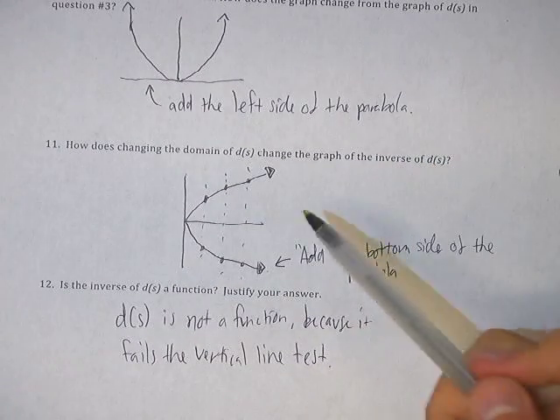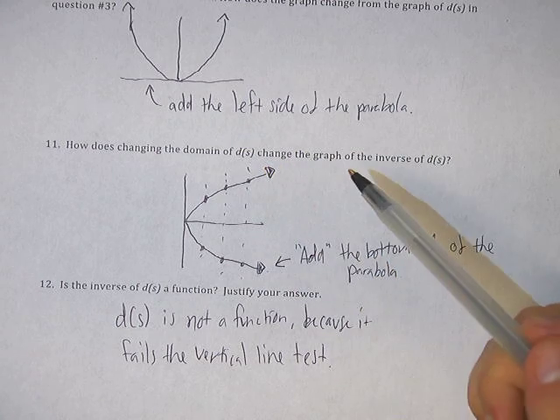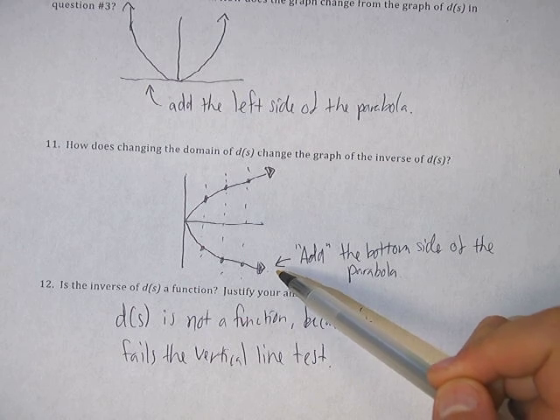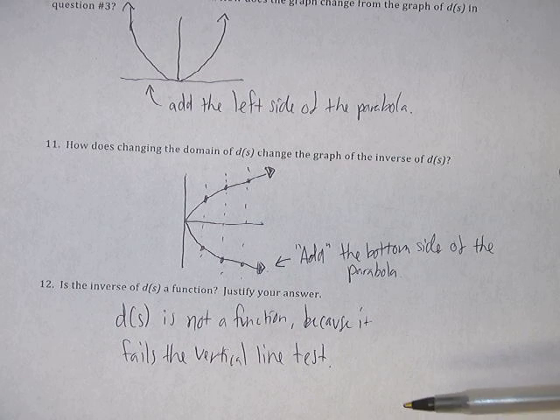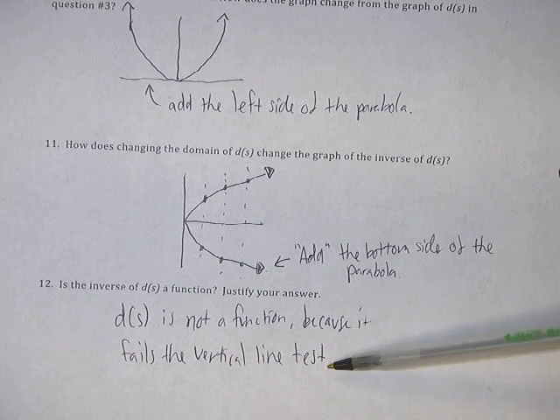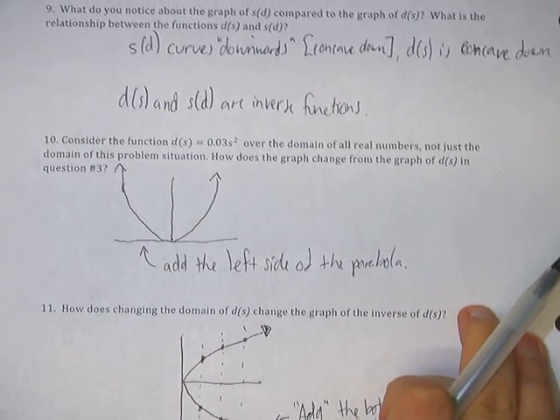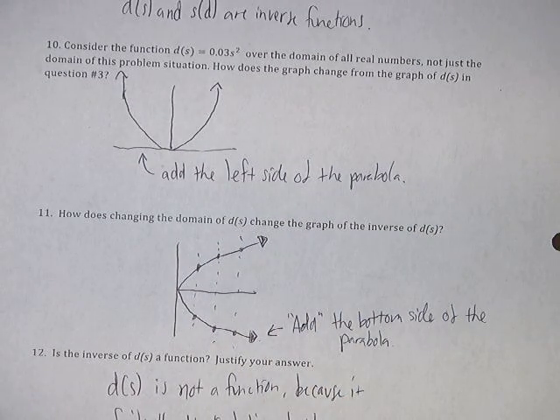Now you may be saying, but here it's a function, here it's okay, but here it's not. What happened? Well, we changed our domain. We decided that we were not going to be restricted by the context of our problem, where negative speed makes no sense on a realistic level, but mathematically that's generally okay. So when we restricted our domain to just our context, where we were just looking at positive distances and speeds, it was fine.